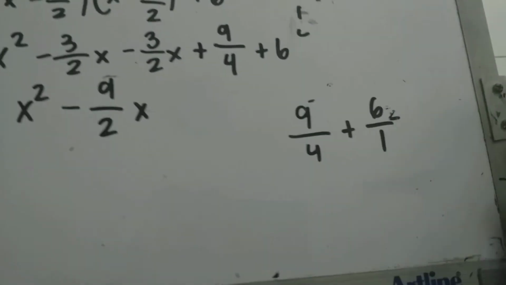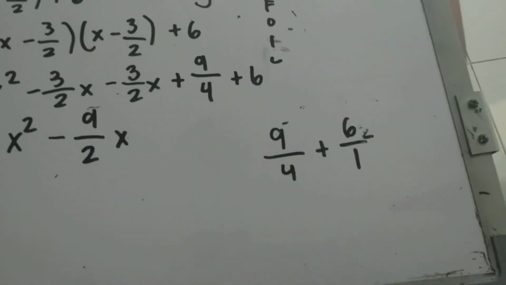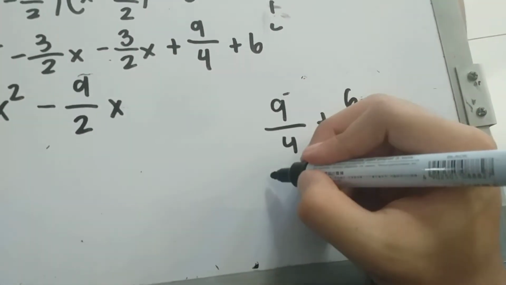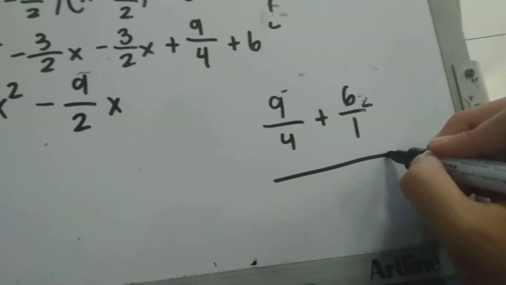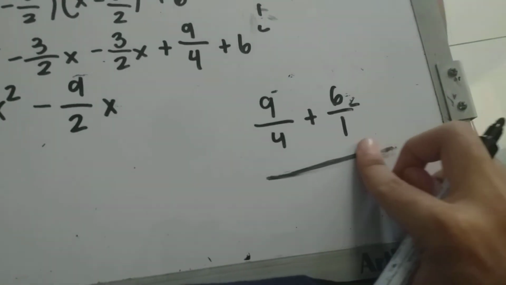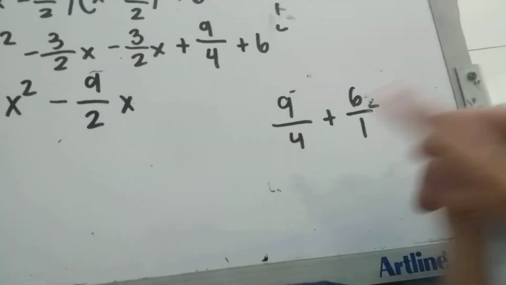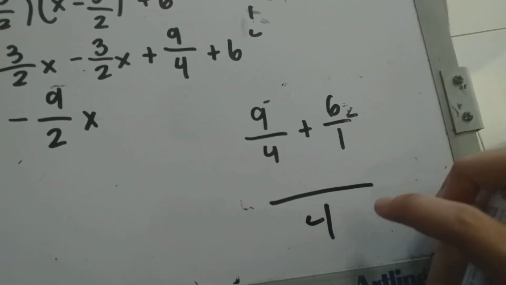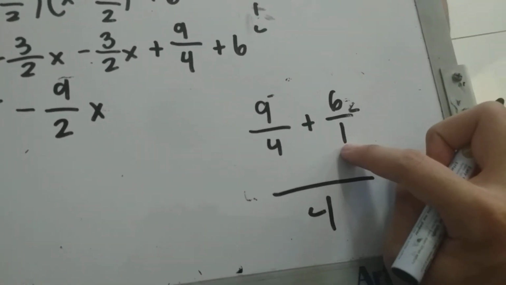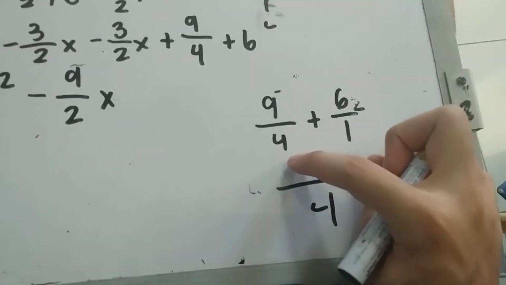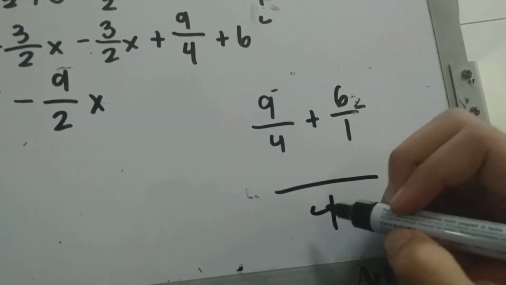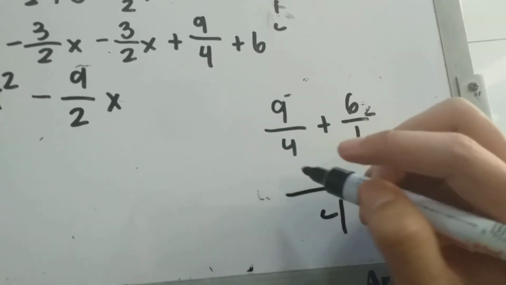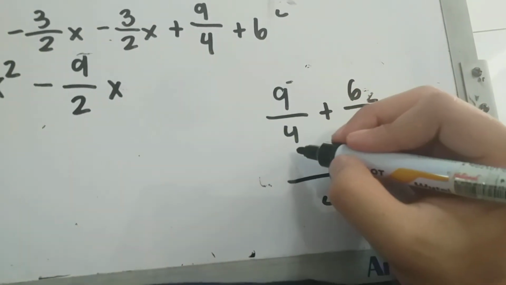Make the 6 a fraction, because you can't add just numbers and fractions. Then find the LCD of them, you get 4. Why is it 4? Because this is a 1, so the highest number will be their LCD. So then 4 divided by 4 is 1, times 9 is 9.